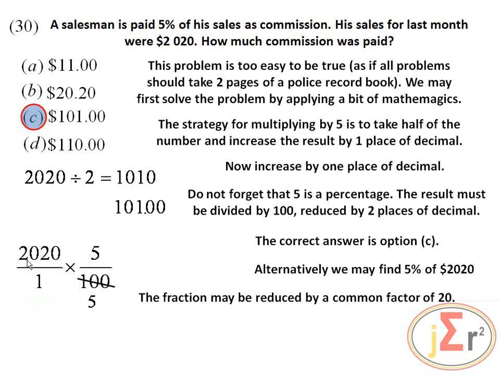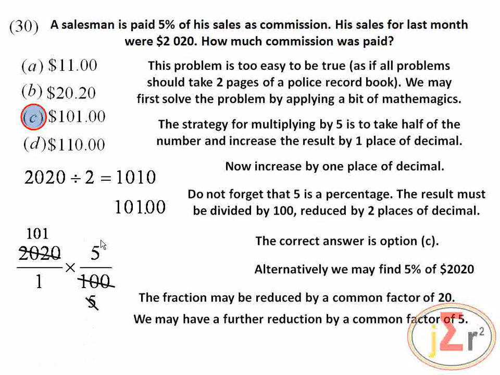And 20 into 20, we'll have what? 20 into 20 is 1. 20 into 20, 0. Then 20 into 20 is 1. So we have 101. No doubt, we may have a further reduction of the fraction by a common factor of 5. And 5 is gone and also gone there.